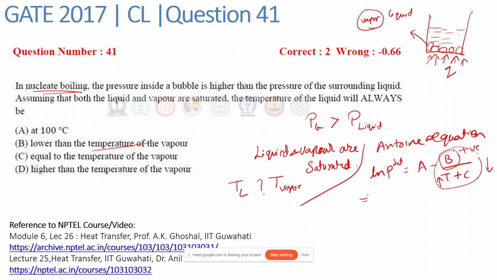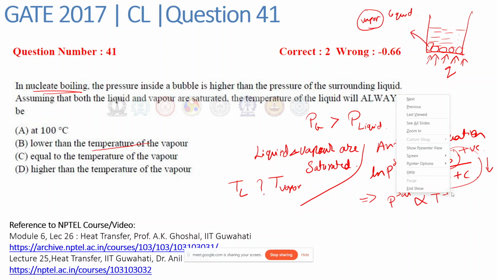So from here, P sat is proportional to T sat.